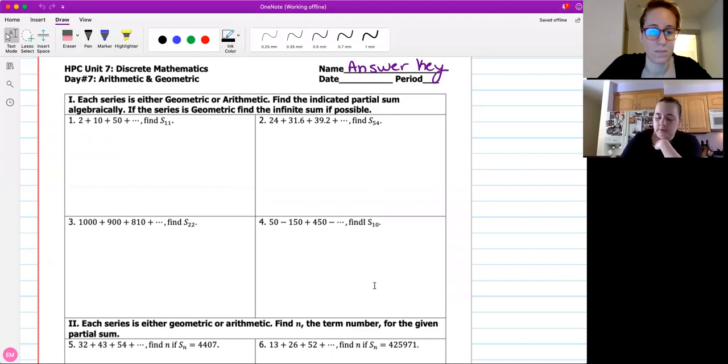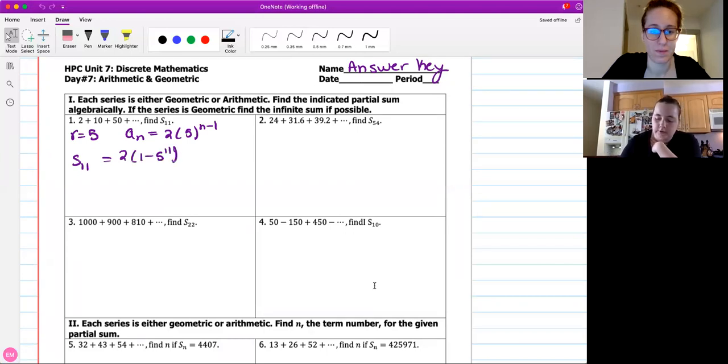For this one, we can see really quickly that r is equal to 5, because 2 times 5 is 10, 10 times 5 is 50, and so on. So r is equal to 5, and we're asked to find S11. First, we need to find our explicit equation. So a_n is equal to 2 times 5^(n-1), just so we can see what our sequence is. And then to find S11, we're going to find 2 times (1 minus 5 to the 11).